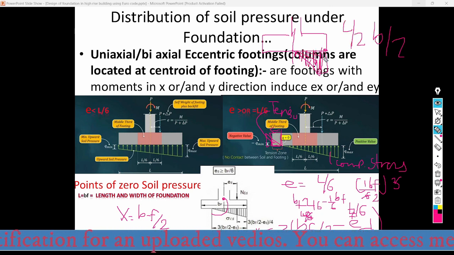The soil pressure will be 0 at the center of the column and will be maximum at the corner closer to the eccentric distance. So this is the general formula to calculate the distance between the zero soil pressure and the maximum soil pressure.